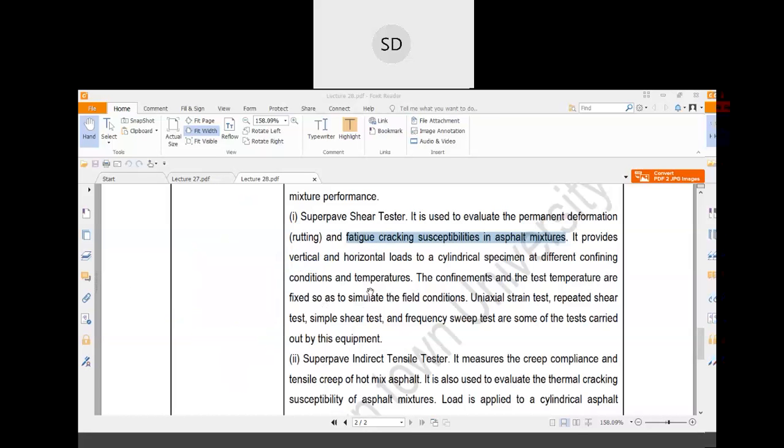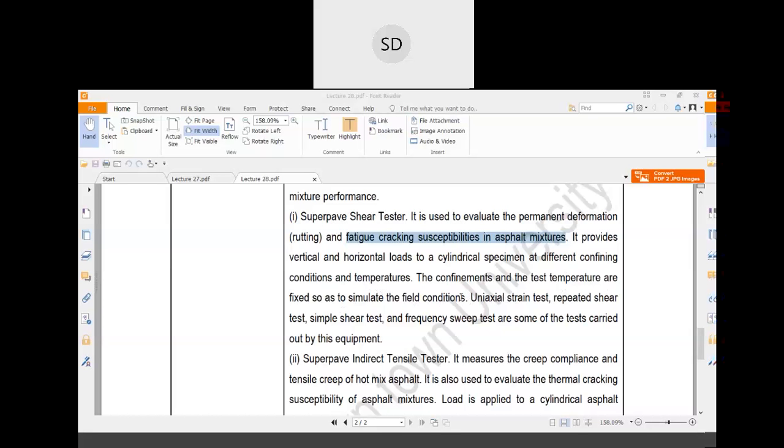And the loading conditions would be different, in different confining conditions and different temperatures. Now the confinements and the test temperature are fixed so as to simulate the field condition. So based on the field condition you have to provide the different confinements at the test temperature.